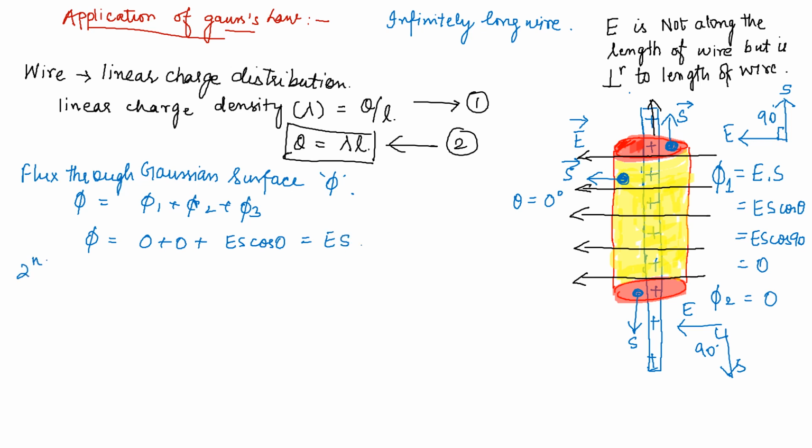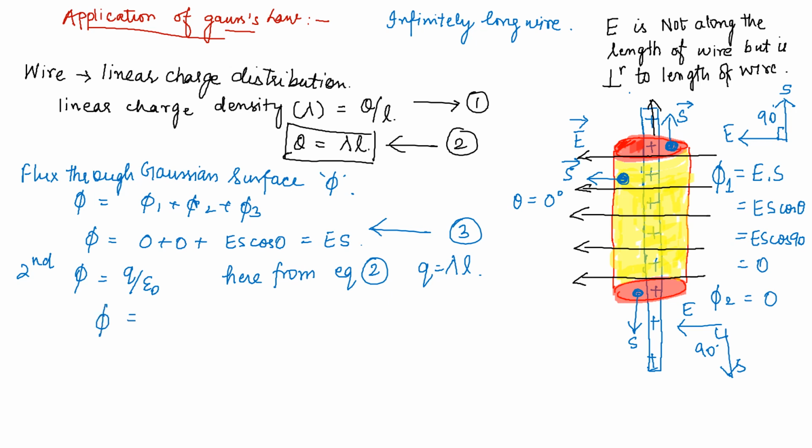Secondly, we know that flux equals Q upon epsilon naught. Here from equation 2, Q equals lambda L. Let this equation be 3. So phi will be equal to lambda L upon epsilon naught.